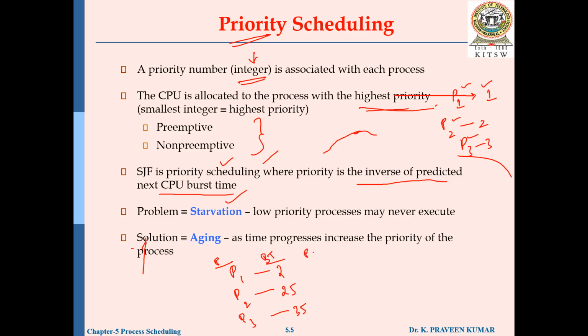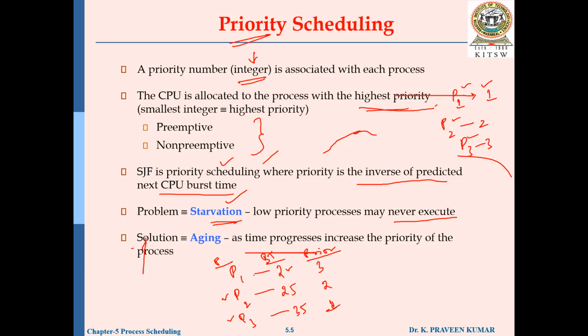If the priority is in this way, first priority, second priority, then third priority, then even though P1's burst time is very small, it has to wait until process 3 and process 2 complete. So the low priority process may never execute. That is the problem, and that kind of situation we call starvation.